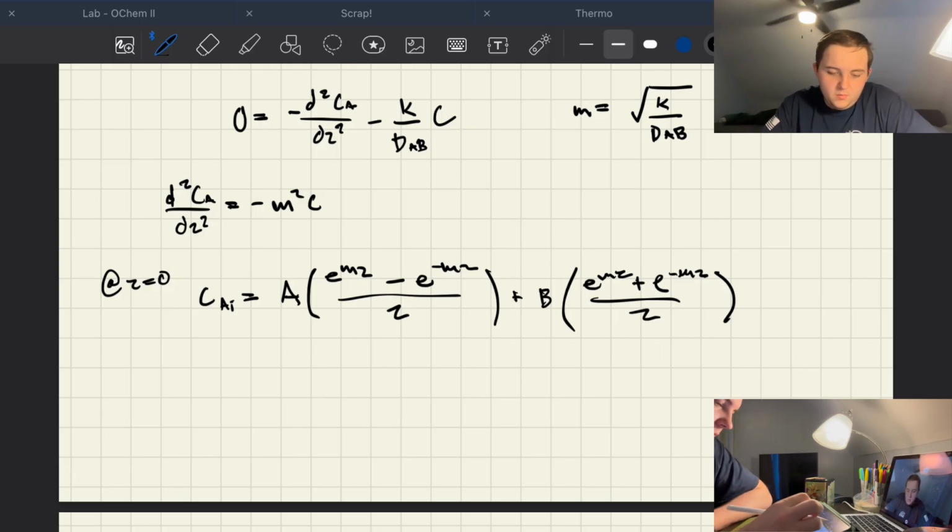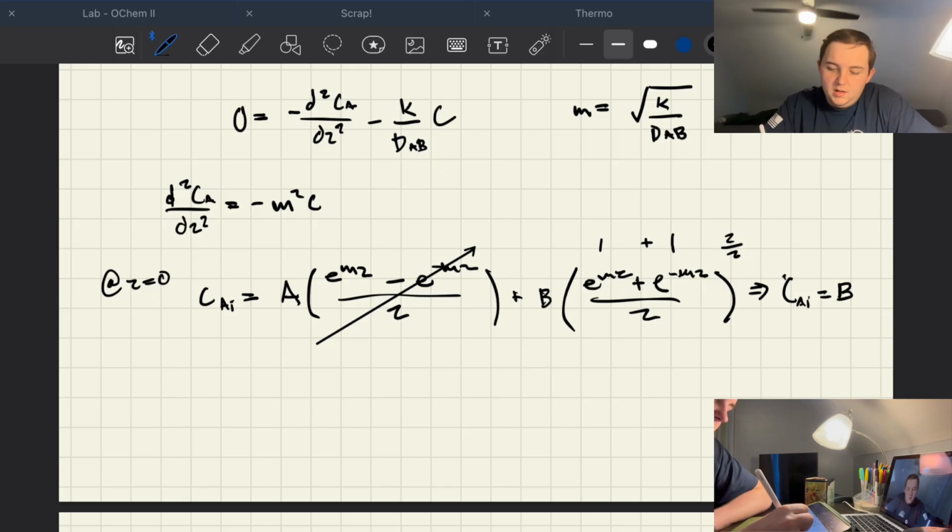And then we know that this term here will just go to 0 because we will get 0 in the numerator with our Euler's, and then when we go here, we'll just get e to the 0, e to the 0. So we'll get e to the 1 plus e to the 1, which is 2 over 2, which is 1, so we'll just get b. So this can simply be simplified to CAI is equal to b.